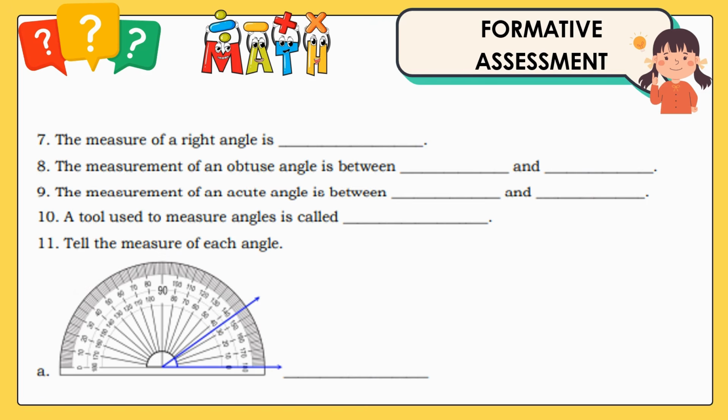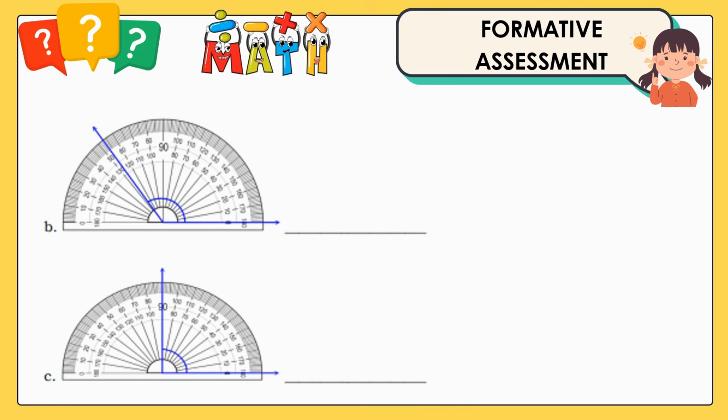Number 10, a tool used to measure angles is called blank. Number 11, tell the measure of each angle. Letter A, letter B, and letter C.